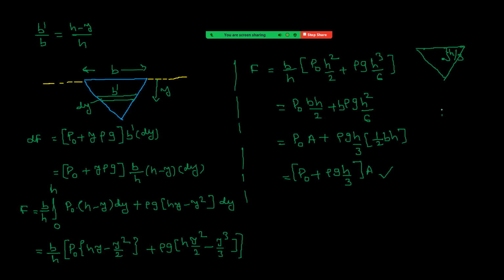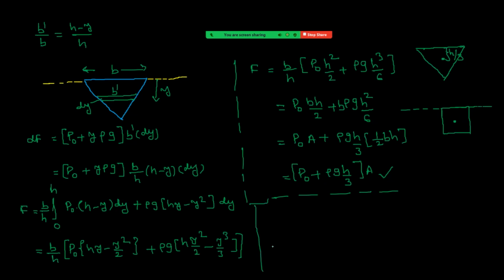For example, the question is given like this: one square plate, just immersed. It is like this. Calculate the force acting on one face of the square plate by the liquid. Then I can use this result to calculate the force acting on the square plate.